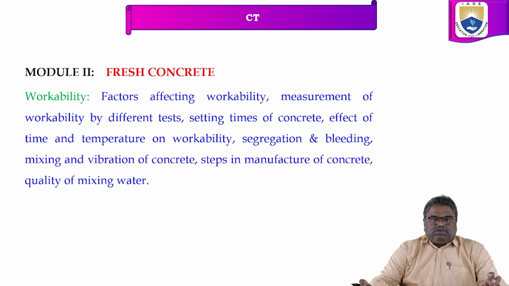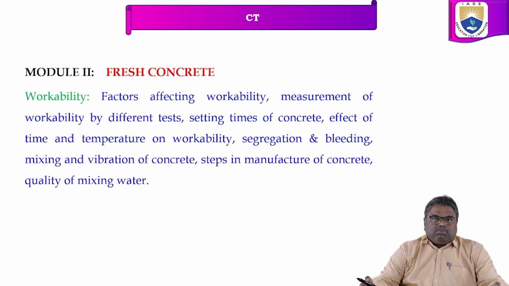First and foremost thing is workability. Workability of fresh concrete. Factors affecting the workability. What are the different factors that will affect the workability? Measurement of workability. We have different tests to find the workability. For example, we have a slump test, a compaction factor test, and a VB consistometer test. These are the three different tests to be conducted to know the workability of fresh concrete.